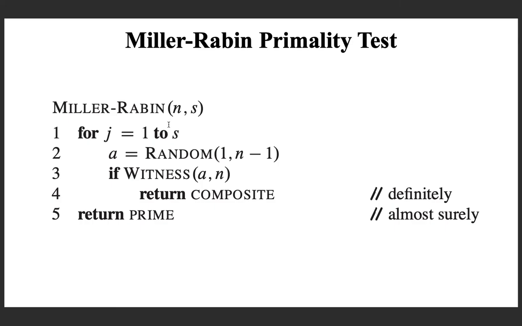Otherwise, it goes back and takes the next a and continues. How many times, you can decide and pass as an argument. That many times it picks an element a uniformly at random and checks whether it witnesses the compositeness of n. After that it returns prime. This result may not be correct, but there is a very rare chance that it returns a wrong result. So, this is Miller Rabin primality testing.